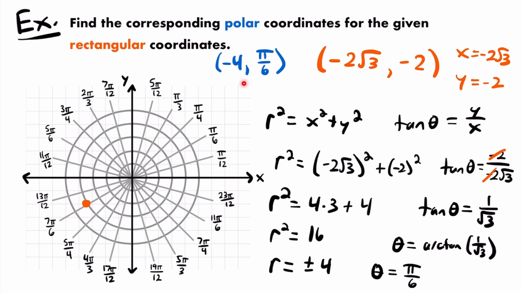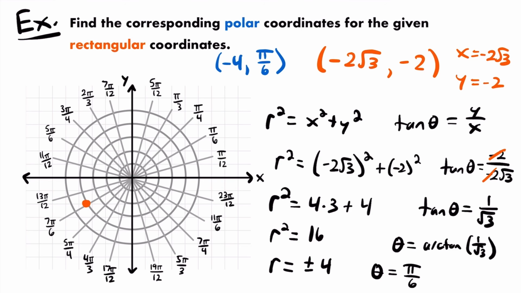And so these polar coordinates of -4 comma pi divided by 6 correspond to these rectangular coordinates. And this is just one possible solution. All right, and if you remember, I did say earlier that it's preferable to get a positive radius and a positive angle. In this case, we don't have that, which is okay. This still represents this point.